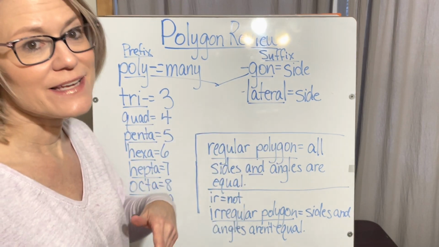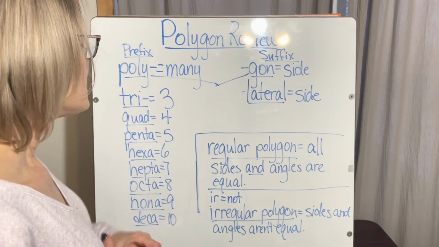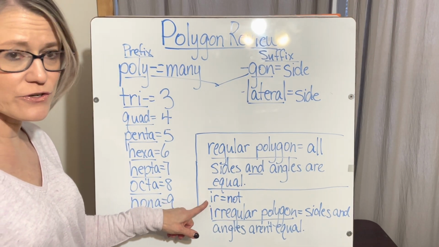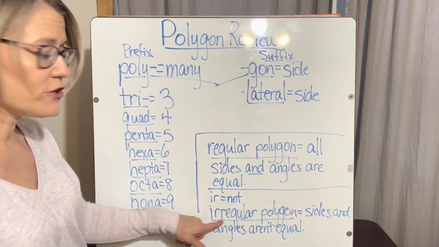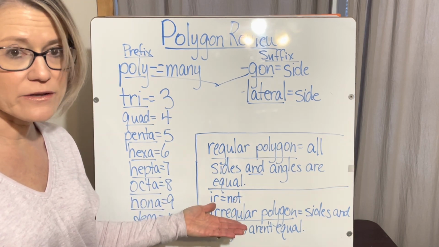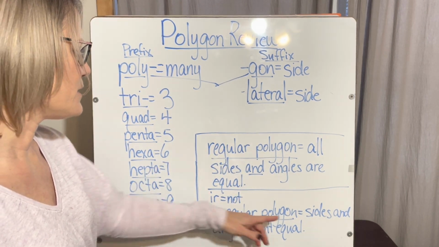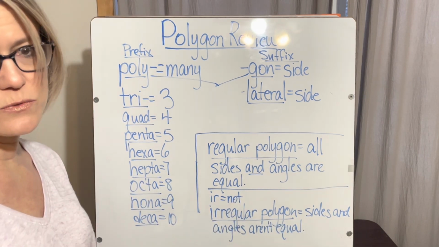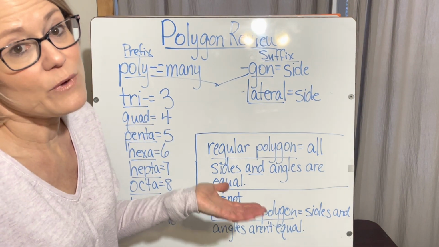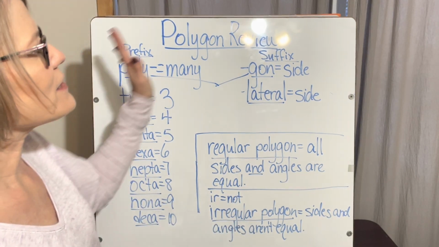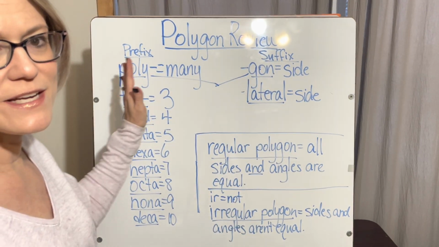Equilateral means equal sides. We also had the prefix ir. Ir meaning not, irregular means not regular. So an irregular polygon would be the opposite of the regular polygon. The sides and angles aren't equal. Like the rectangle is irregular. So that's a review of what we did yesterday.